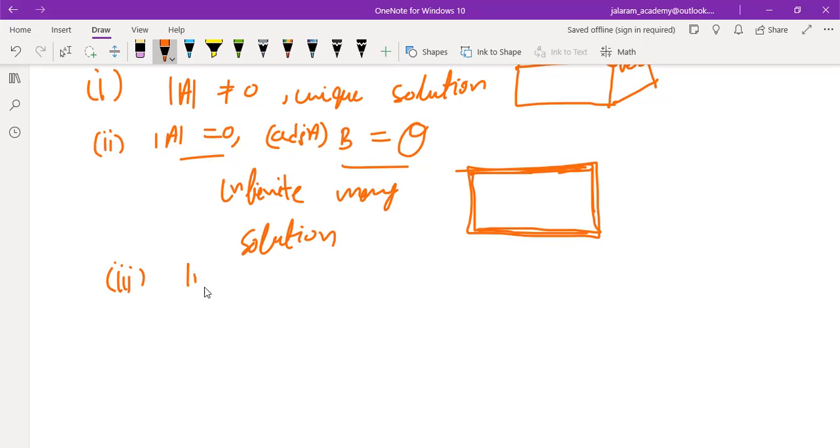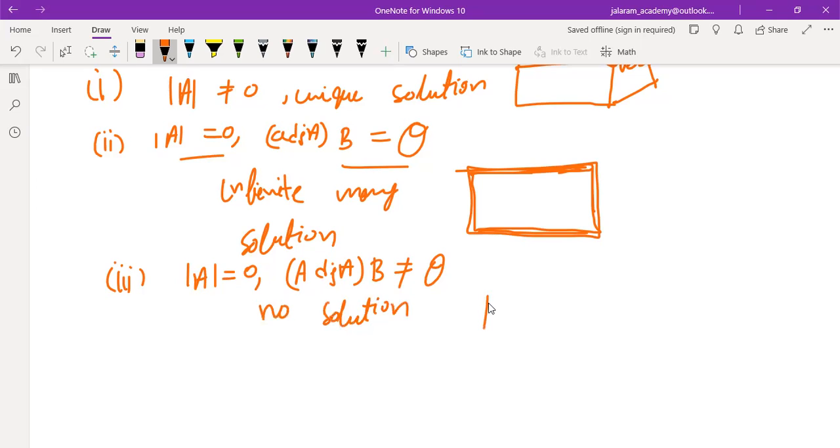So if the determinant of A equals 0 and adjoint of A into B is not a null matrix, then it represents no solution, that is, inconsistent. The geometrical interpretation is that the planes are parallel to each other. Using these concepts, we can easily solve the questions from our sheet.